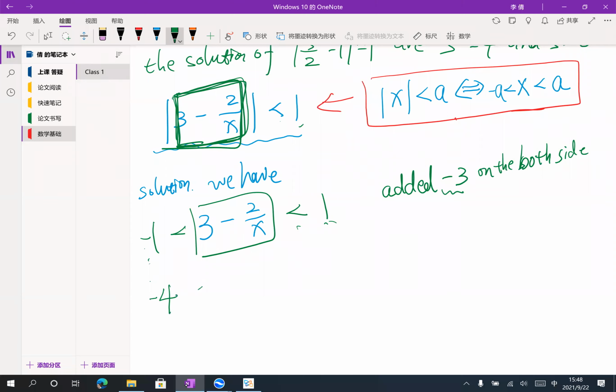Where minus 4 is smaller than this, which will be minus 2 over x, and it will be smaller than 1 minus 3, which gets minus 2, right? If we add the same number on both sides, the inequality is preserved.